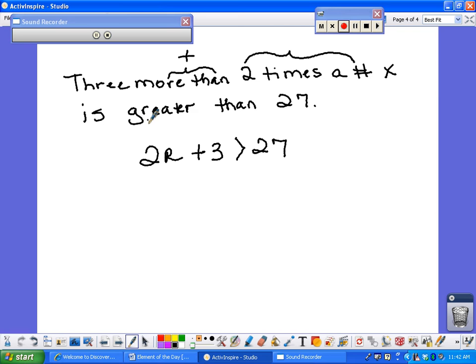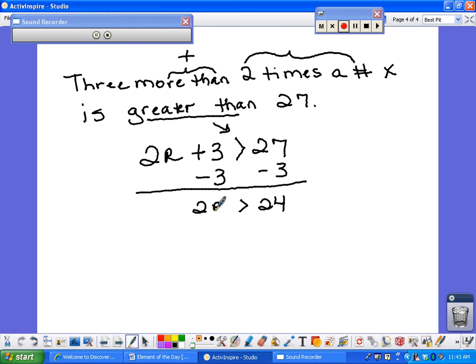So that's where your greater than comes in with your inequality. Then you just subtract the 3, subtract the 3. We end up with 24 and 2r. Now here you could use mental math. 2 times what is going to give me 24, but I'm going to divide by 2 like I should. And r is greater than 12.